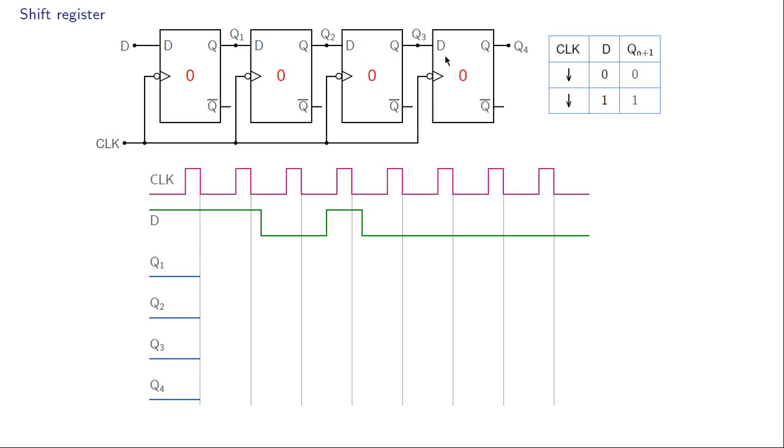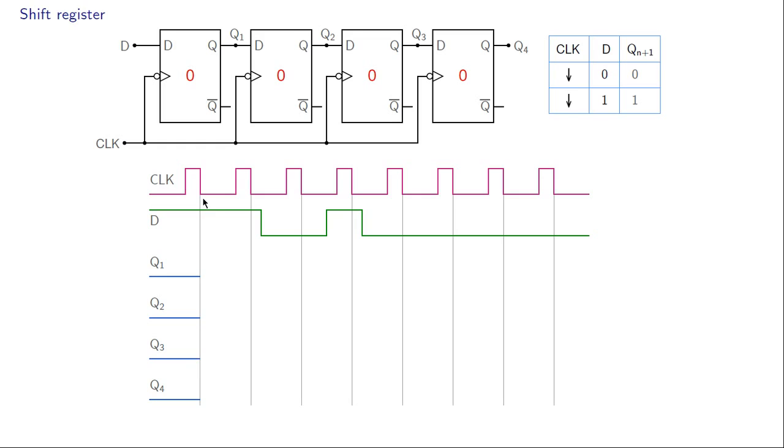And now let us see what happens as a result of these inputs. To begin with, we have Q1 equal to 0, Q2 equal to 0, and so on. And that is also indicated over here. So all Q values are 0. And now the first active edge comes along, this one. And let us see what happens.